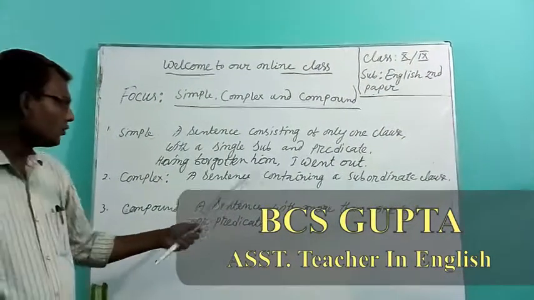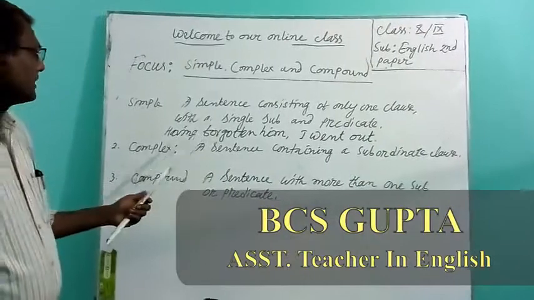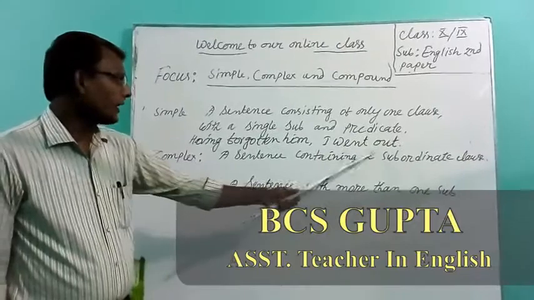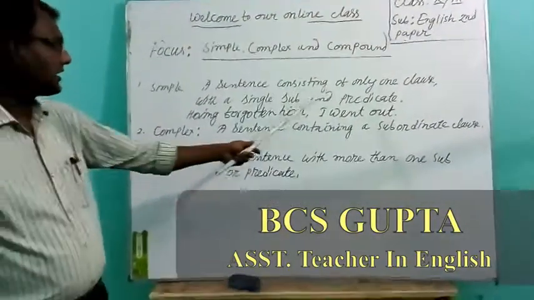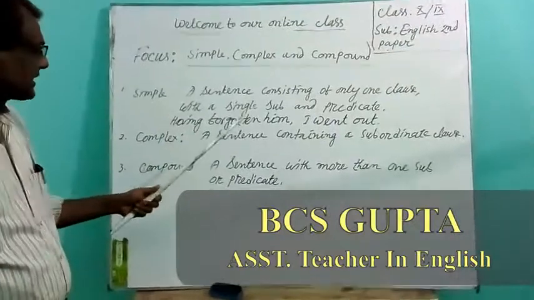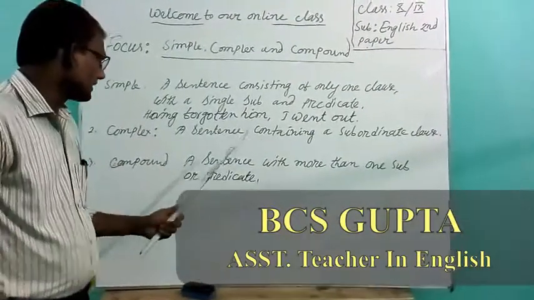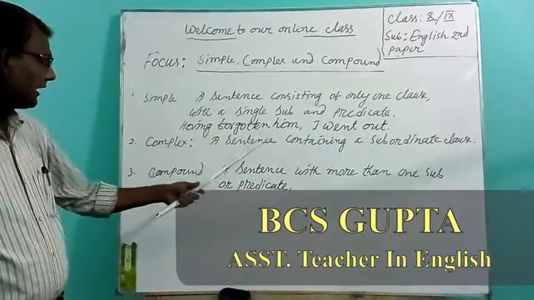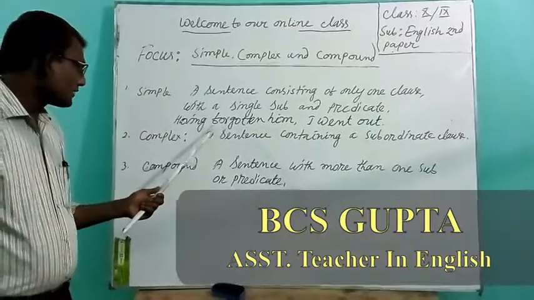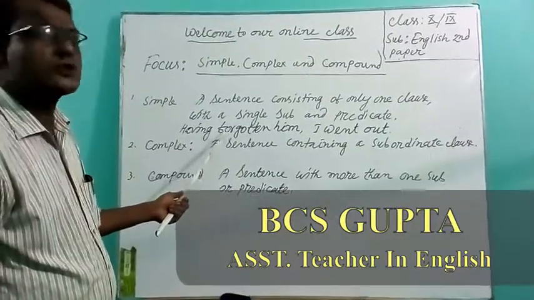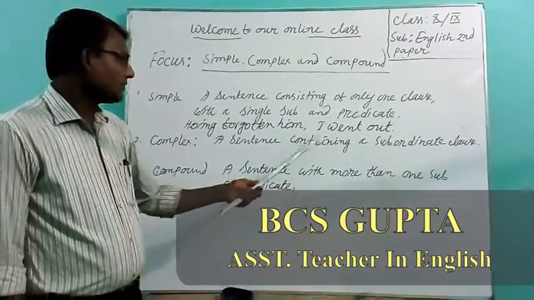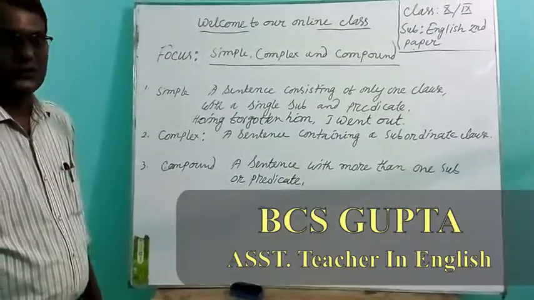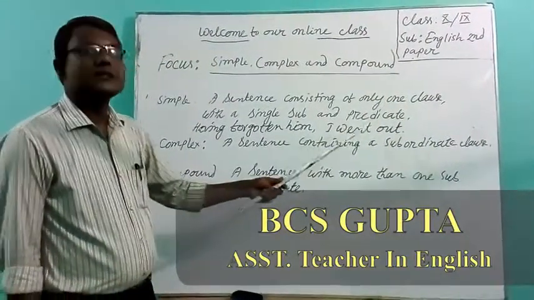There are two clauses in this: having forgotten him, and I went out. So a simple sentence consists of only one clause with a single subject and predicate. Having forgotten him is called a subordinate clause, and the rest, I went out, is called the principal clause.